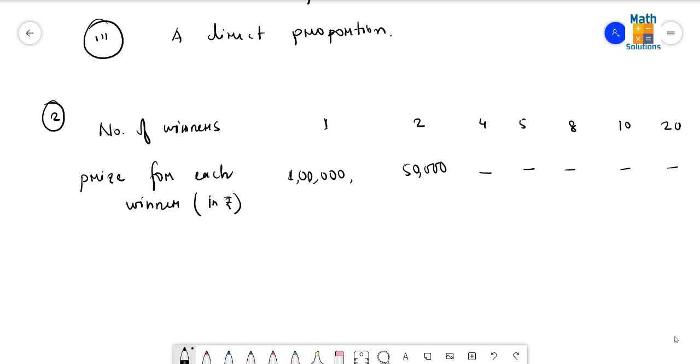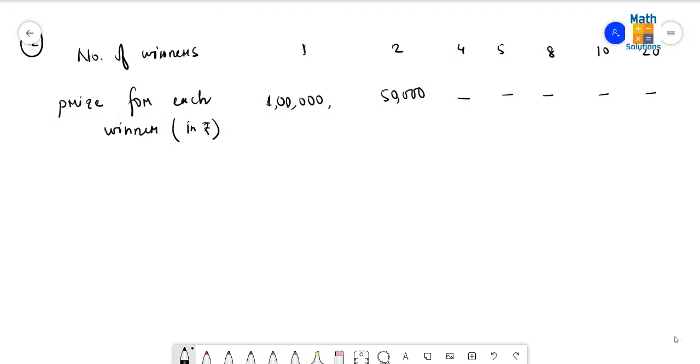So how can we calculate? What is given here? The number of winners and the prize money are in inverse proportion, because winners are increasing, prize money is decreasing. Yes or no?